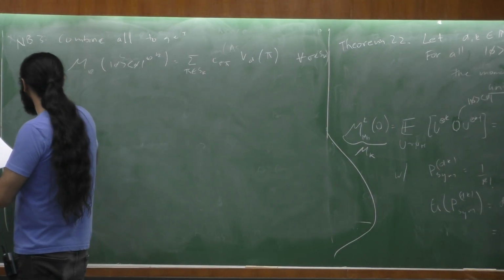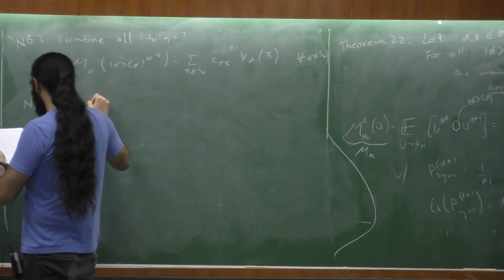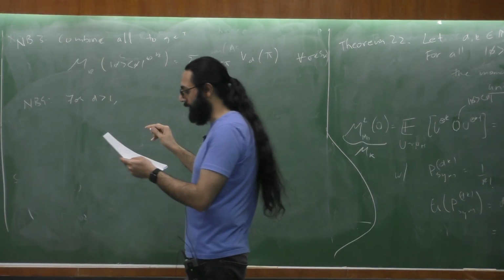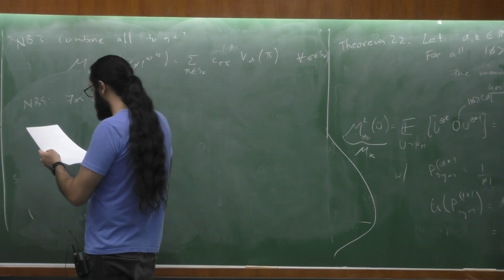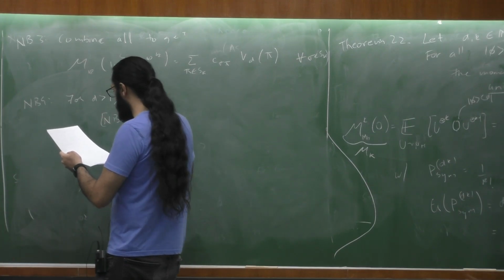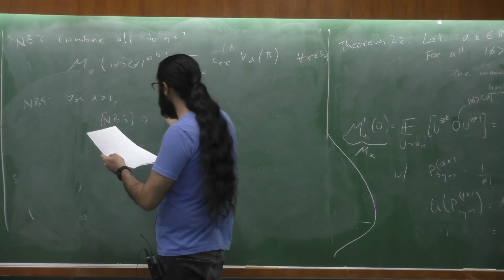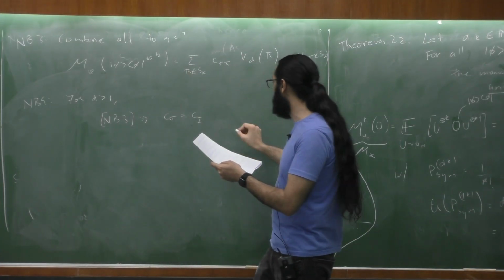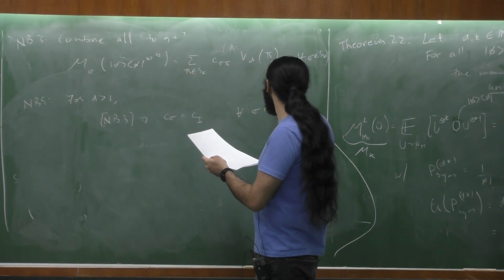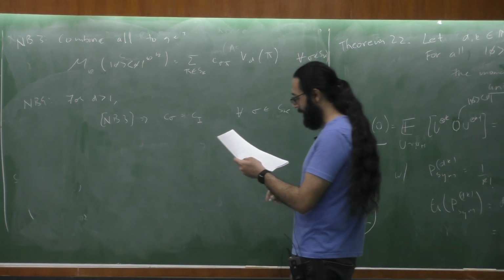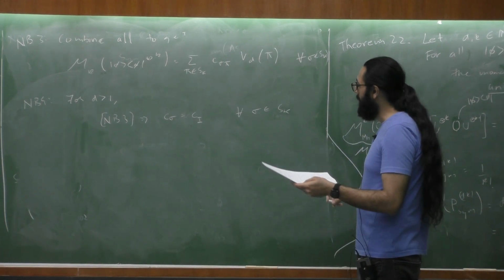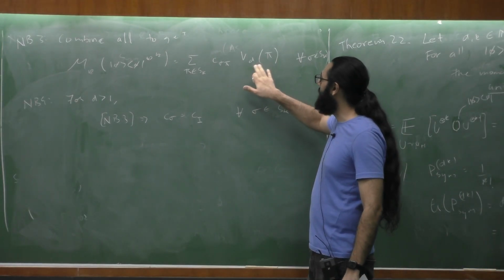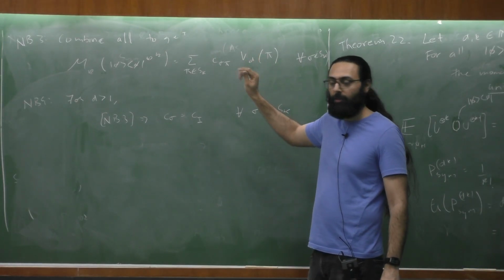So now we're almost there, right? For d strictly greater than 1, the permutations actually make some sense. In that case, this implies c_sigma is the same as the first entry, for all sigma. This is relatively easy to see, because all the V_d(pi)'s are different permutations.